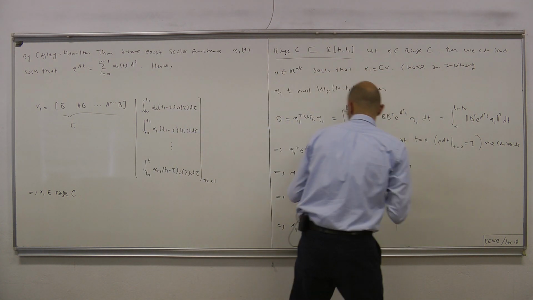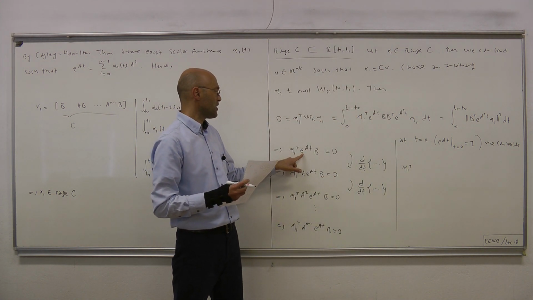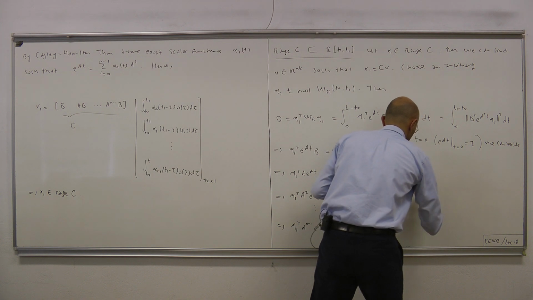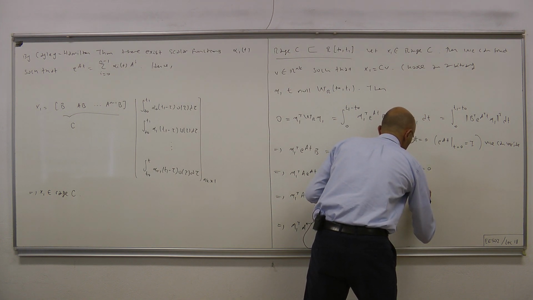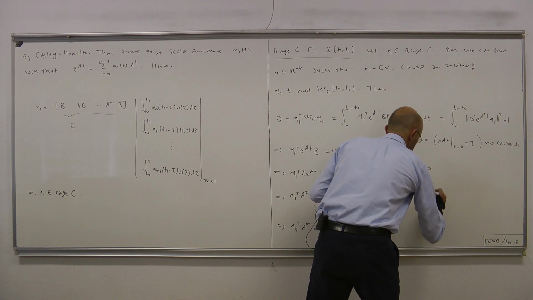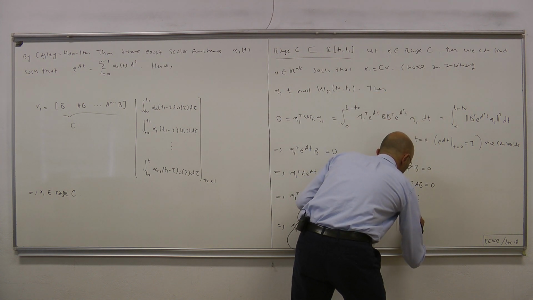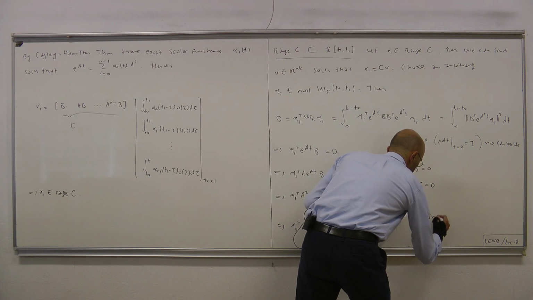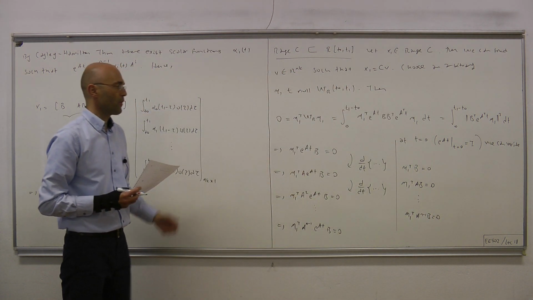Eta 1 transpose times identity times b equals 0. Eta 1 transpose times a times b equals 0. And so on. Eta 1 transpose a to the n minus 1 b equals 0. Okay?